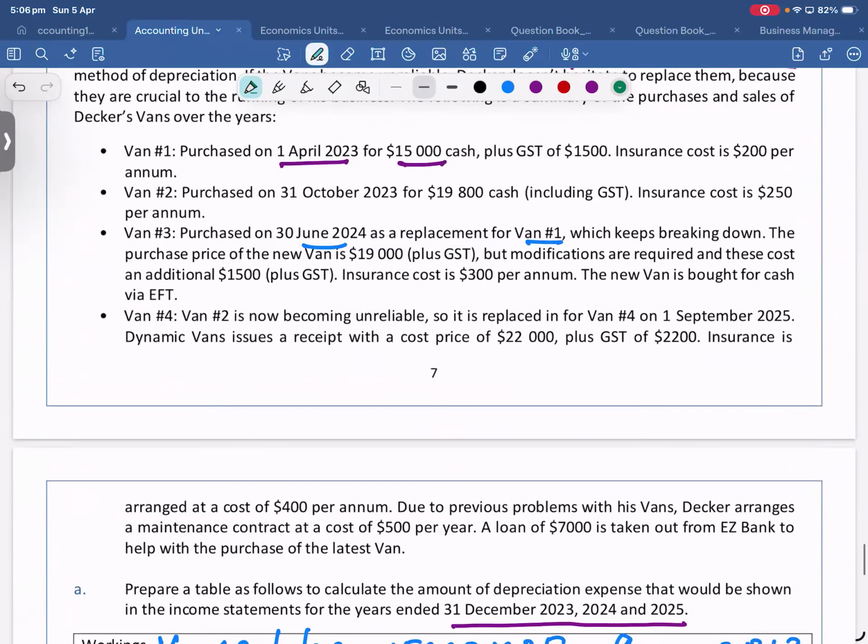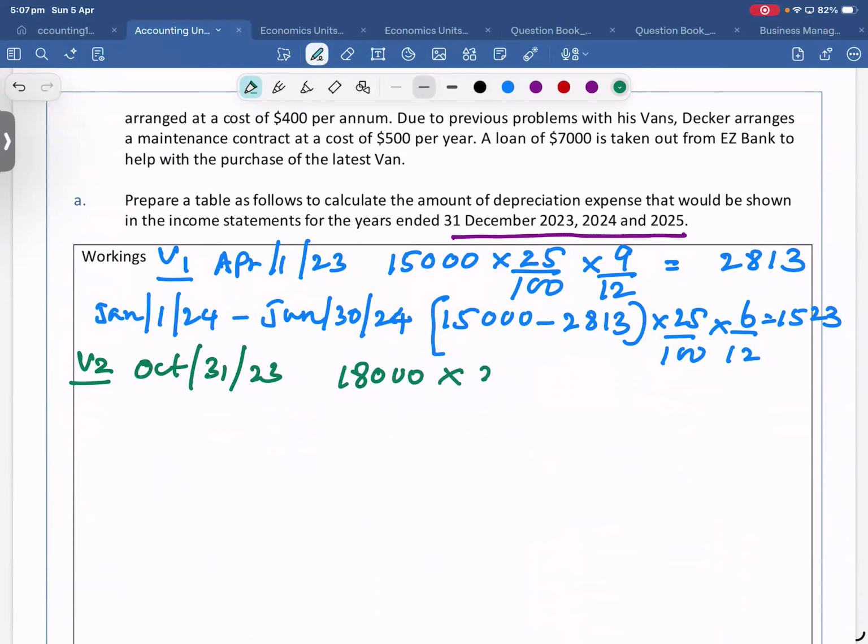Insurance again not considered. So how much is the cost, guys? 18,000, on 31st October 23. So October 31st, 23, 18,000 times by 25%, times by how many months? 2 months, 2 over 12.